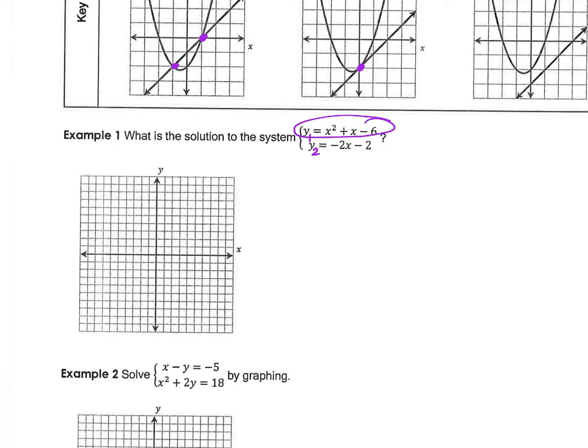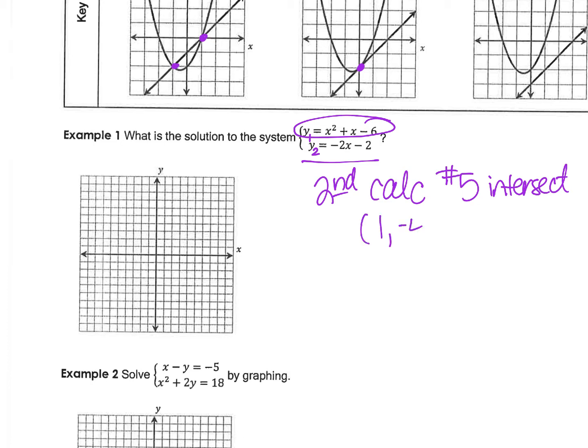After you've plugged these two into Y equals, you're going to do second calc, and you're going to choose number 5, which we're used to. That's intersect. We're trying to find where the parabola intersects the linear equation. Notice on this one, you're going to have two solutions, or two intersection points, so you'll have to do it twice. If you do second calc number 5, enter, enter, enter, you should get 1, -4 for one of your intersection points.